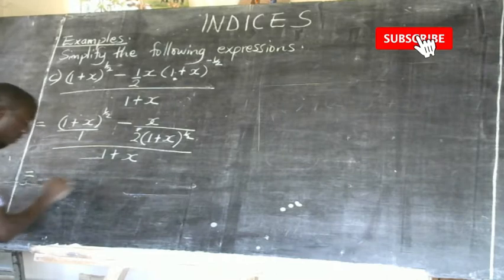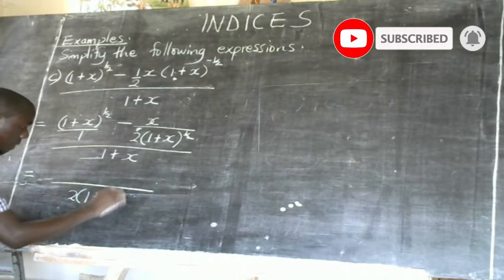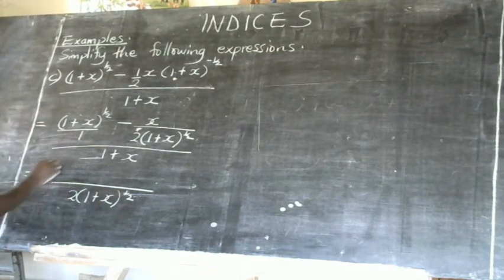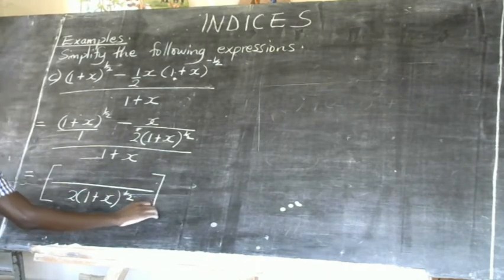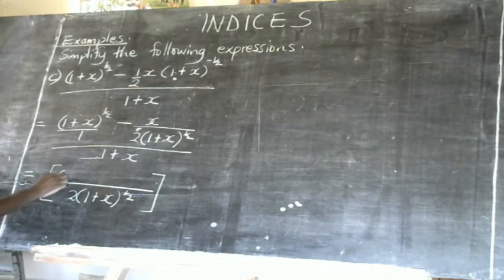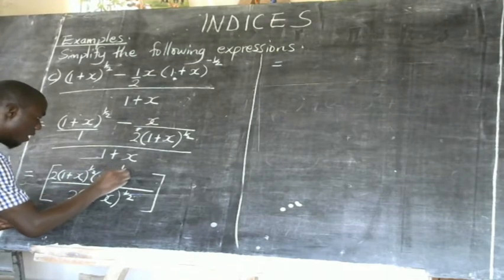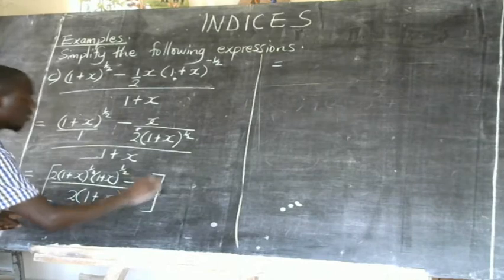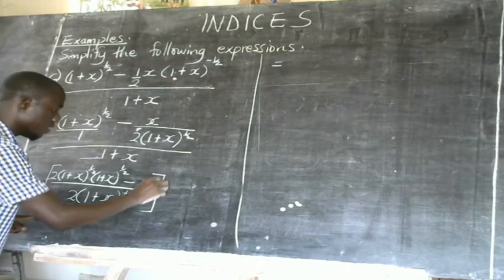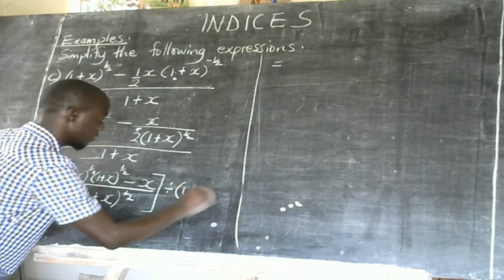So that is my 2 into 1 plus x power a half. So when I multiply it here, I'll be having 2 1 plus x power a half into 1 plus x power a half, then minus, here I'll be left with x, then divide by 1 plus x there.